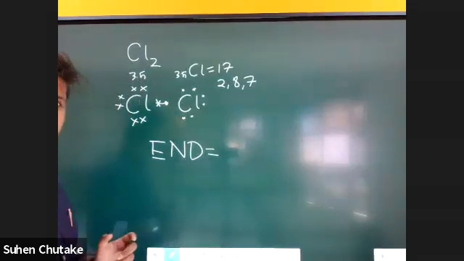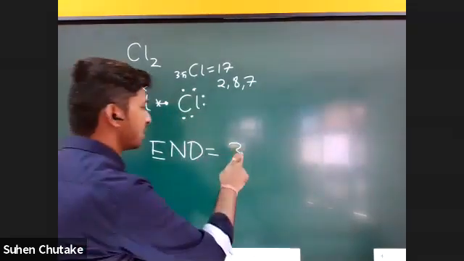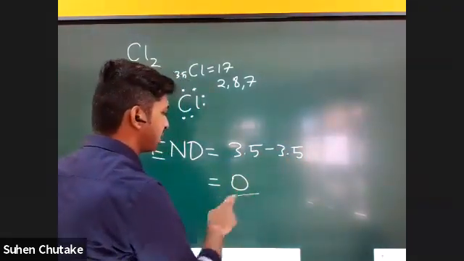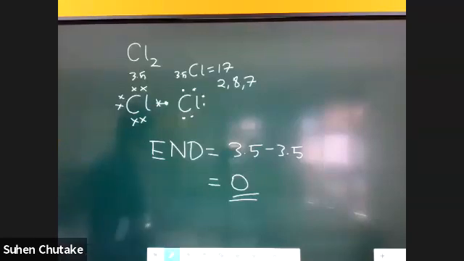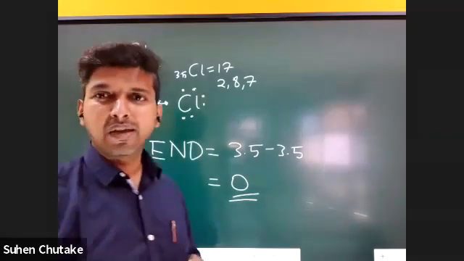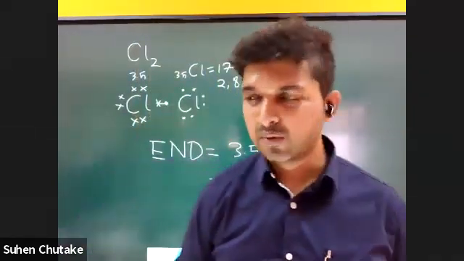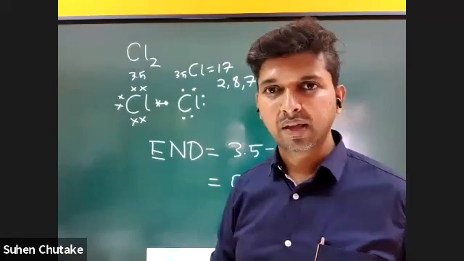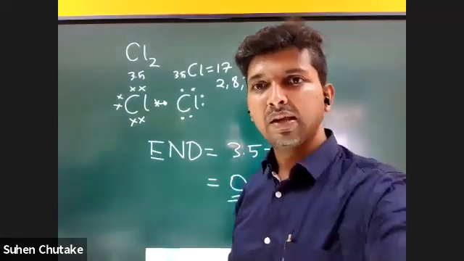What is END? END is electronegativity difference. So 3.5 minus 3.5, the answer is 0. That is the END, electronegativity difference.